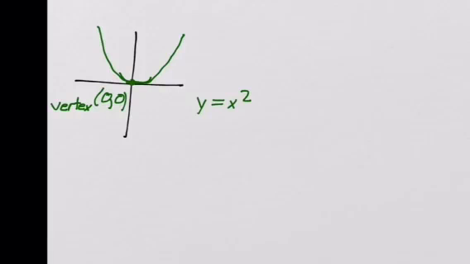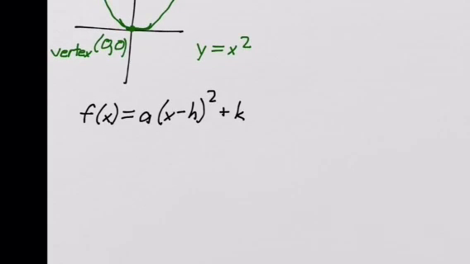But then recall, back in section 1.6, we talked about the different transformations of functions. So I'm going to go ahead and write the vertex form of the equation. So vertex form is f of x equals a times (x minus h) squared plus k.